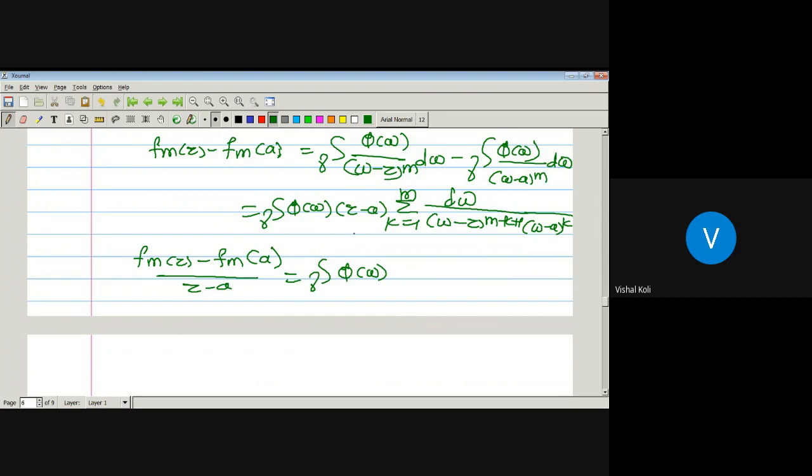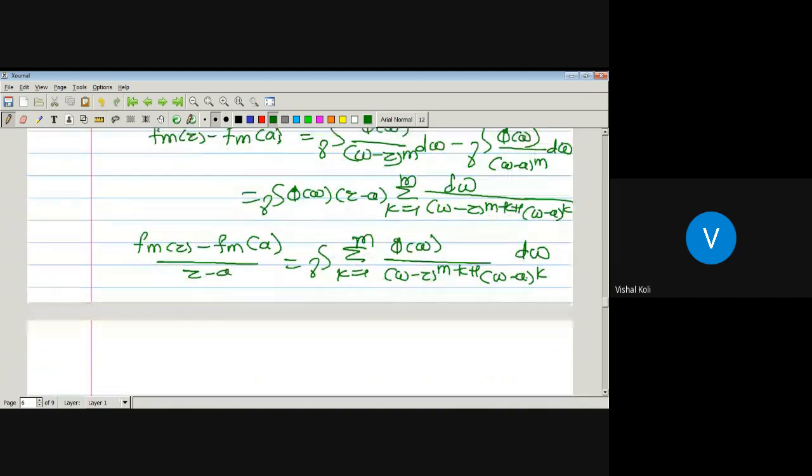We will take this phi of w inside the sum. Then we will get the summation k running from 1 to m of phi of w divided by (w minus z) to the power (m minus k plus 1) into (w minus a) to the power k, into dw.